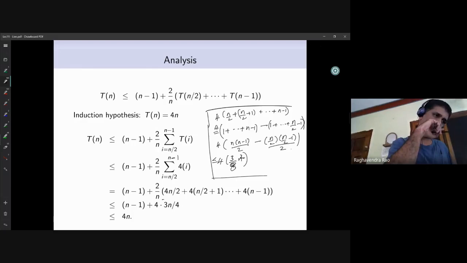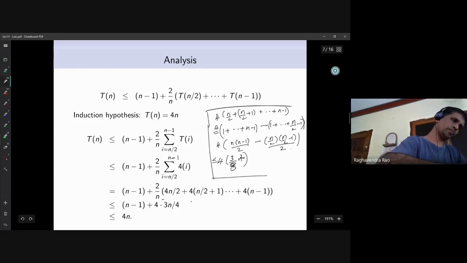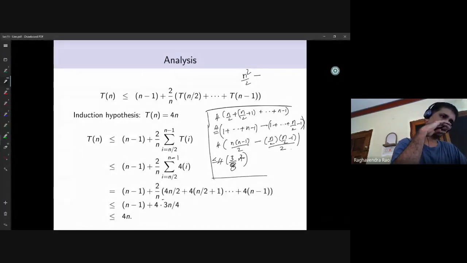How do I get that? So n by 2, n by 2. So this is n square by 2. Let me do some calculation here. So n square by 2 minus, I'm just looking at the highest order terms. n by 2 into n by 2, that's n by 4, that's n by 8, right?